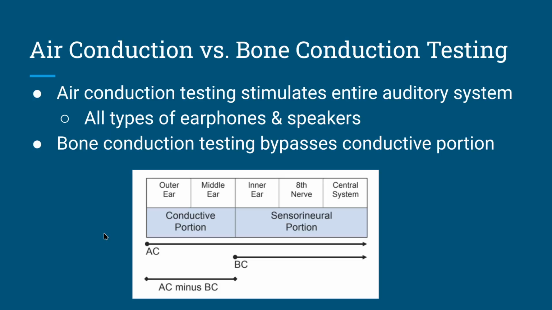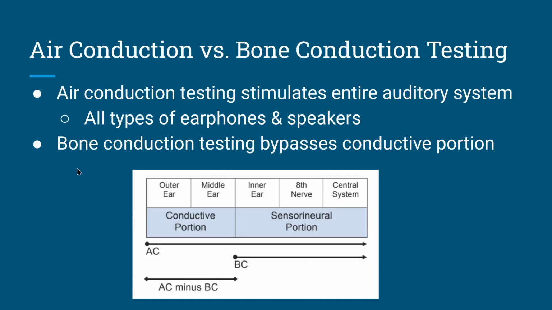And we've got sensory neural portions of the hearing loss, which would be the inner ear, the eighth nerve, and the central auditory nervous system. So bone conduction testing bypasses mostly, not entirely, but mostly, the conductive portion of the hearing loss.